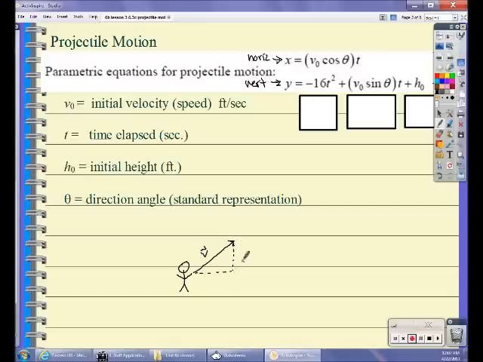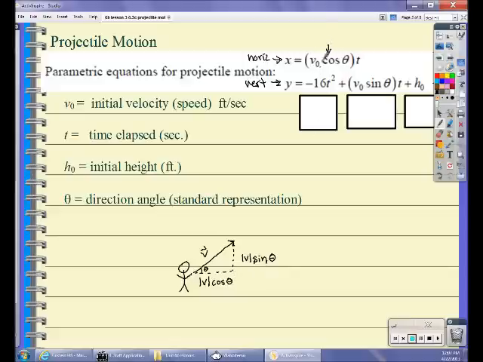If you'll remember from our vectors section, the vertical component of your vector is always going to be the magnitude of v times sine of theta, where this is theta. And the horizontal component is always the magnitude of v times cosine of theta. That's where these are coming from.